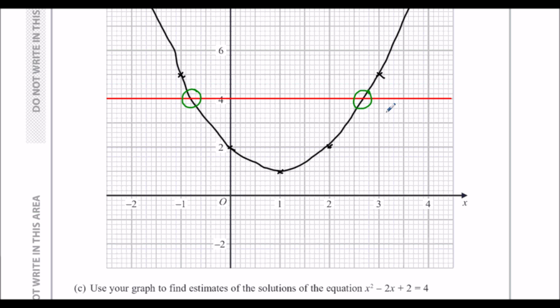So we have 2.7 and minus, it looks like minus 0.8. So from my graph, I've got 2.7 and minus 0.8.